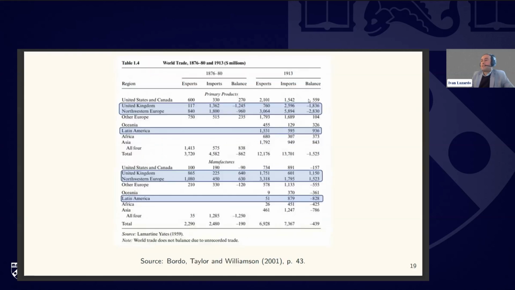Something similar happened in the case of Brazil, where coffee and rubber accounted for almost 80% of its exports. So we have a concentration not just in commodities, but in very few commodities. So that is an important element to bear in mind.